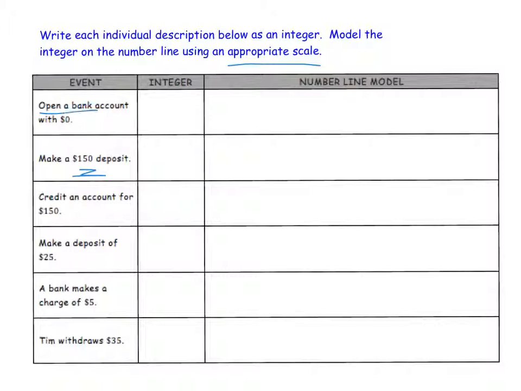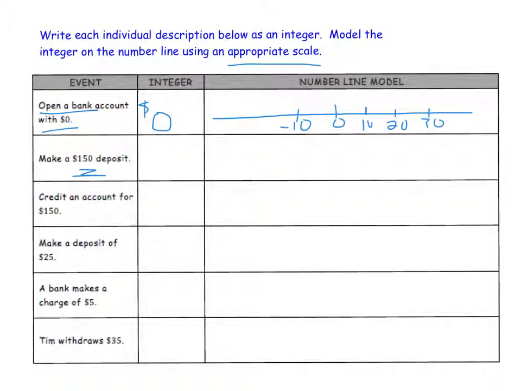So for here, number one, opened a bank account with 0. So he opened his account with 0. So my number line model, I'm going to start with 0. And I might even, because I don't know what I'm going to do next since it was my first event, I might even just do this. That probably wouldn't be so smart, but I could.